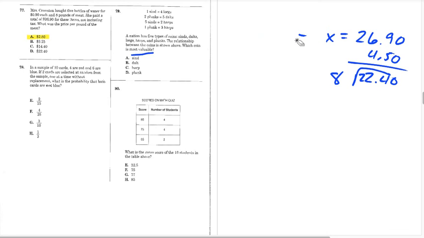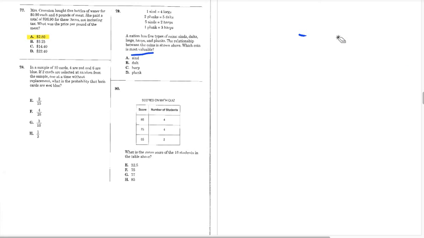Okay, so in a sample of cards we have what here? 4 red. Let's go ahead and do it in color. 4 red, and we have 6 blue. Okay. 2 cards are selected at random. What is the probability that both are not blue? So we're looking for red cards. So the first time you take a card out, it's going to be 4 out of 10. Right?